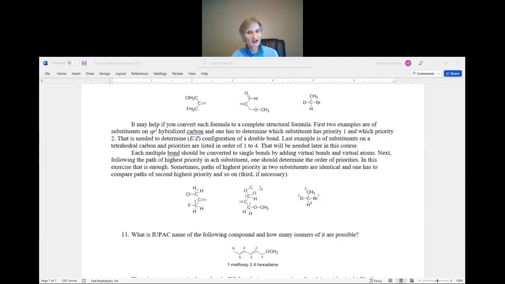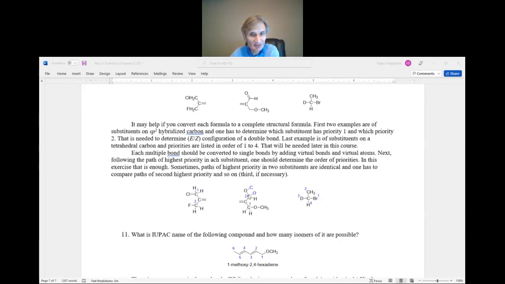Virtual bonds and virtual atoms are shown in blue. There is nothing bonded to virtual atoms, so that's where the chain stops when you're comparing priorities. Now we are comparing them with respect to this carbon of the double bond.